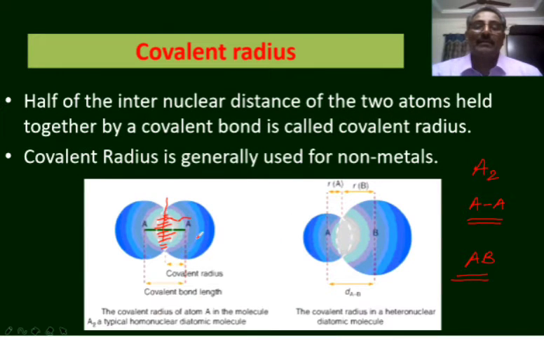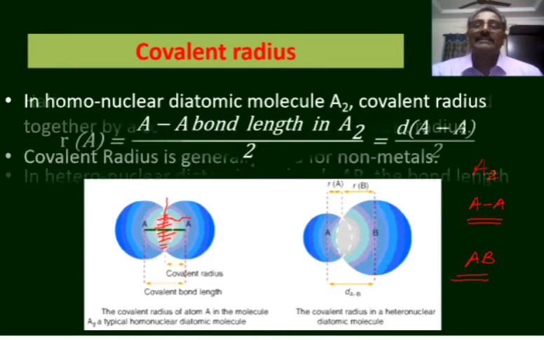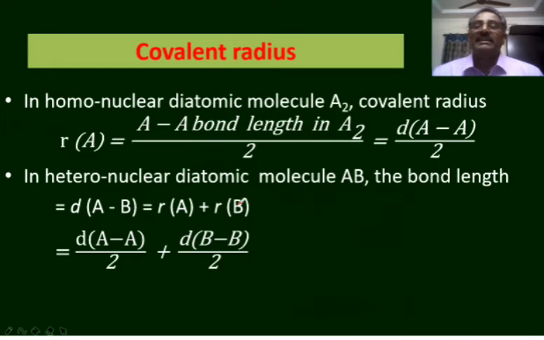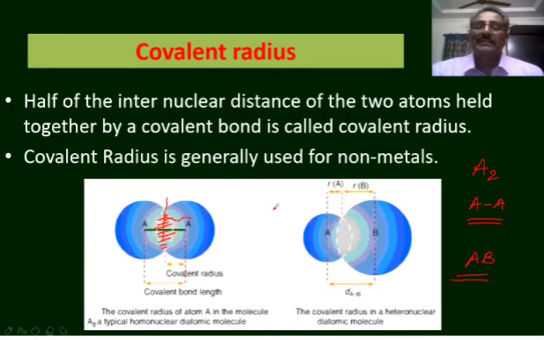The AA bond length in A2 molecule by 2 gives the covalent radius. Whereas in the case of heteronuclear diatomic molecule AB, the bond length DAB is equal to covalent radius of A plus covalent radius of B.